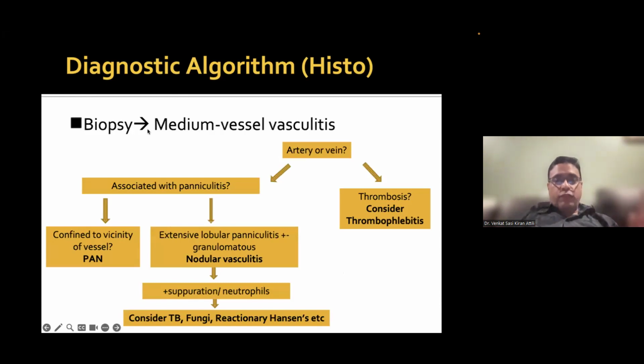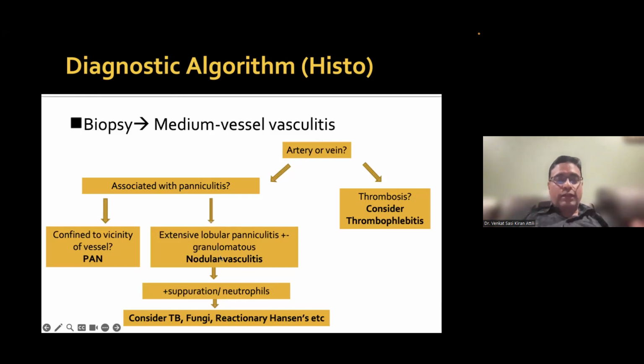So in the biopsy, if you're seeing a medium vessel vasculitis, you have to first decide whether it's an artery or a vein. If it's a vein, consider thrombophlebitis. If it's an artery, you see whether there is associated panniculitis.